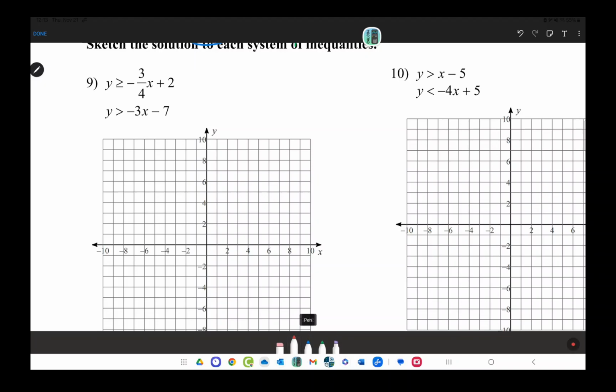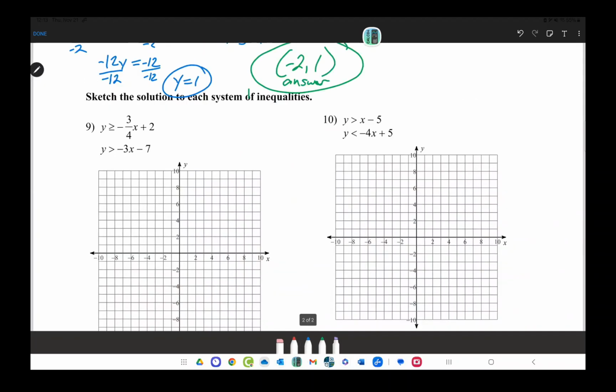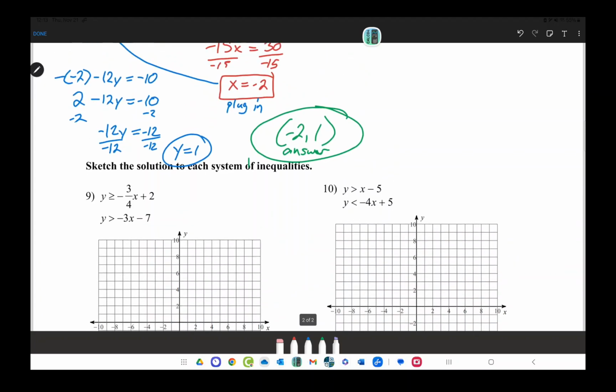Now, we're going to graph these just like we did, but if you don't remember this, you need to write down these notes. Greater than, less than, dash. If y is greater than, this is dash, and you shade up. Y is less than, this is dash, and you shade down.